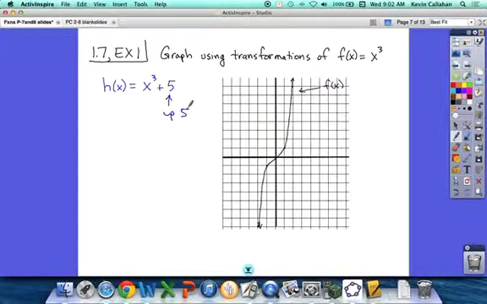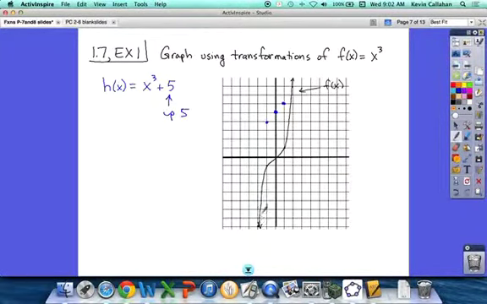Which basically means you should take every point on this graph, if you just moved it up 5, and then sketch a new graph. I mean, this is kind of accurate. (0, 0) is definitely on here. (1, 1) was on the parent function, and I moved that up. (-1, -1) is on the graph, so I go up 1, 2, 3, 4, 5.